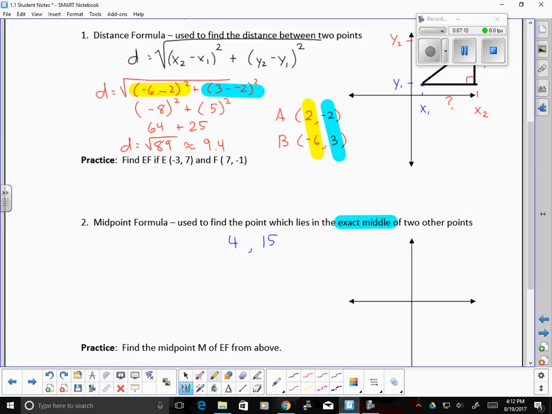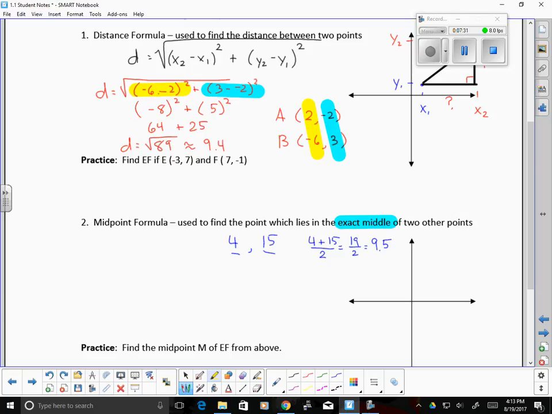So if I get a score of 4 one day and a score of 15, my average would be 4 plus 15 divided by 2, or 9.5. It's 5.5 more than the smaller one and 5.5 less than the bigger one. It's right in the middle.